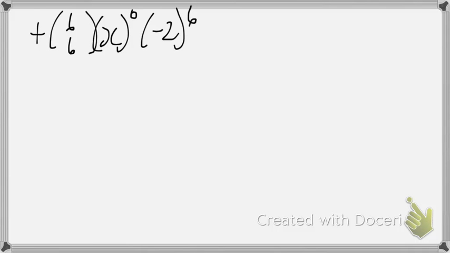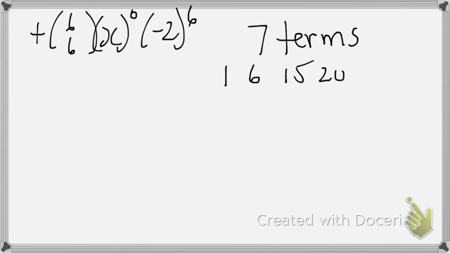What you're supposed to notice at this point is that you have a total of 7 terms. If you look at Pascal's triangle, row 6 has in fact 7 terms. And row 6 of Pascal's triangle has the following values: 1, 6, 15, 20, 15, 6, and 1.